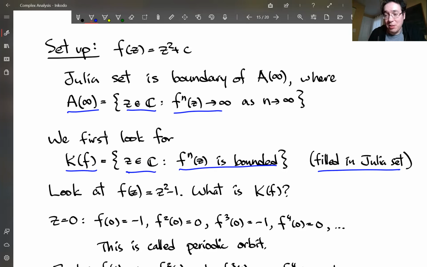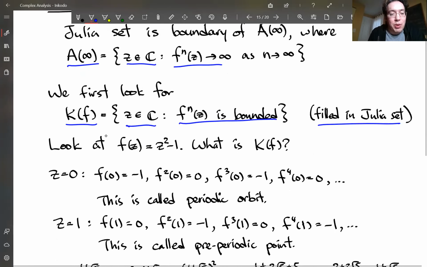That includes the Julia set, but it also includes some other parts of the Fatou set. But the outline, the boundary, is still the same as the Julia set. So being able to picture this is good.